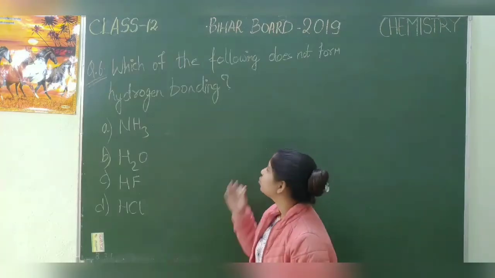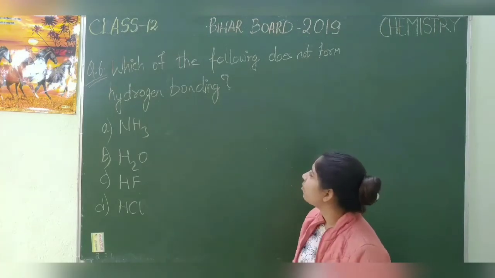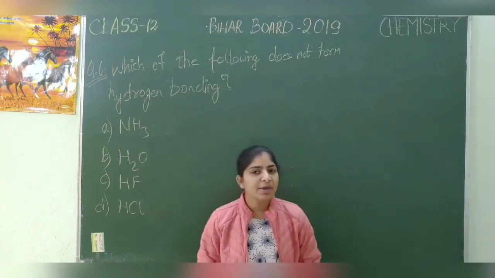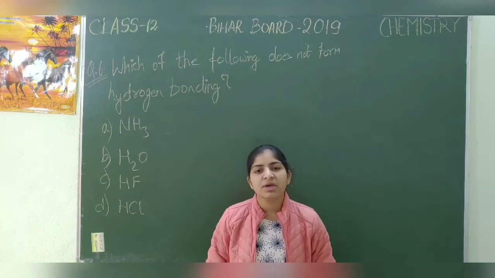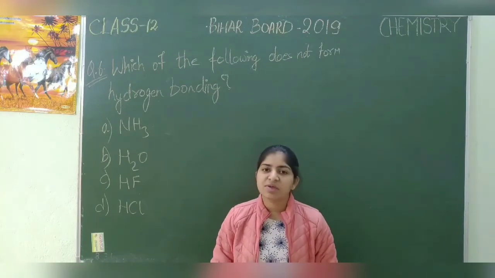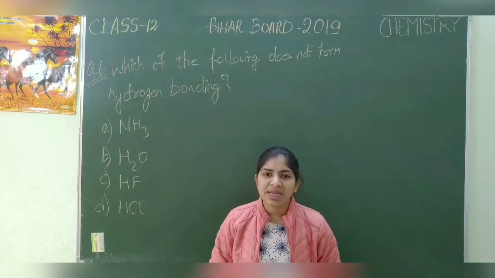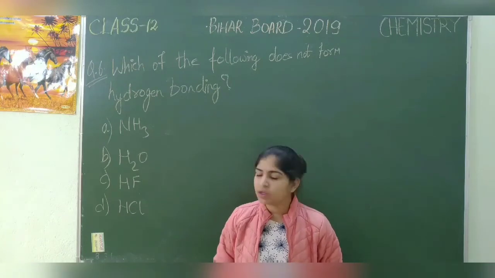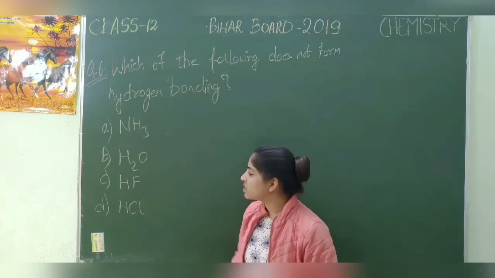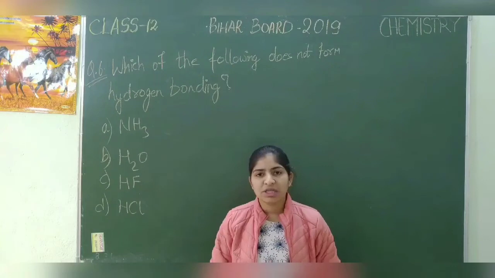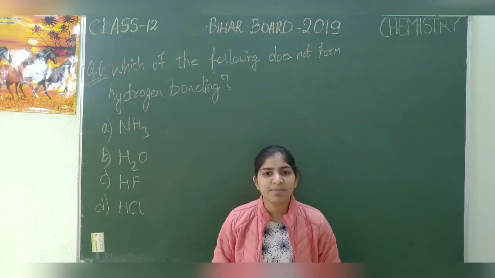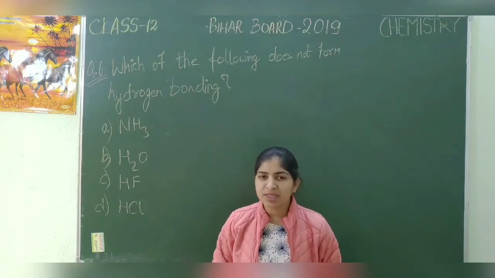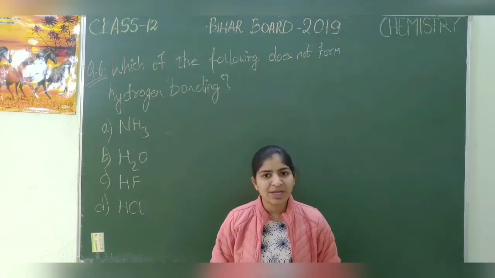Okay. Now you can take a screenshot. Question, that is, which of the following does not form hydrogen bonding? A molecule that has hydrogen bonding usually follows two premises. Number one is hydrogen atom must be present in a molecule. So there are hydrogen atoms present in all the options. And second premise is the hydrogen atom must be bonded with a highly electronegative element.